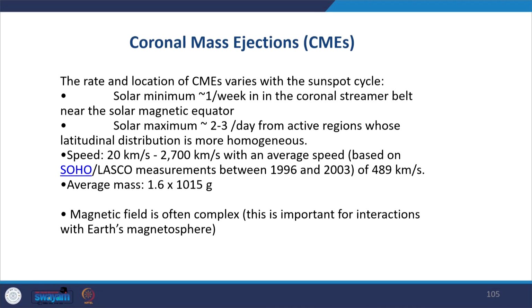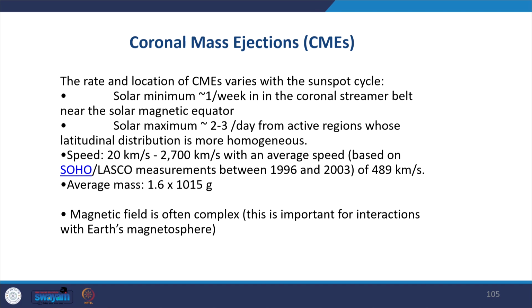With an average speed, based on the measurements of SOHO LASCO, varying between 480 and 700 kilometers per second, the average mass of one coronal mass ejection, or bubble of plasma, is of the order of 1.6 × 10^15 grams.